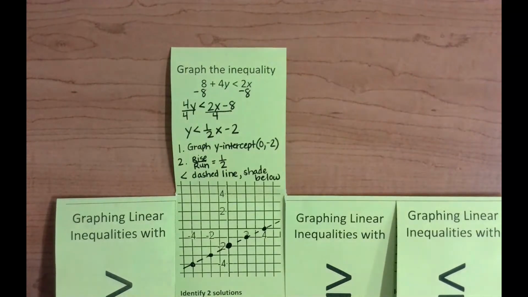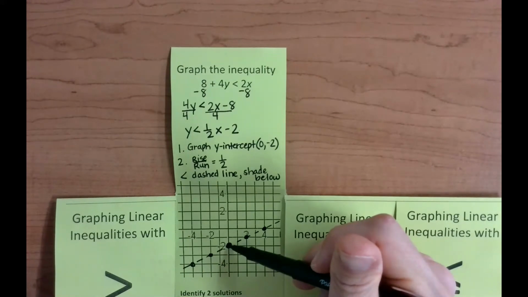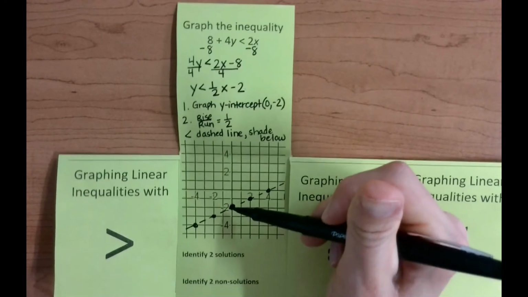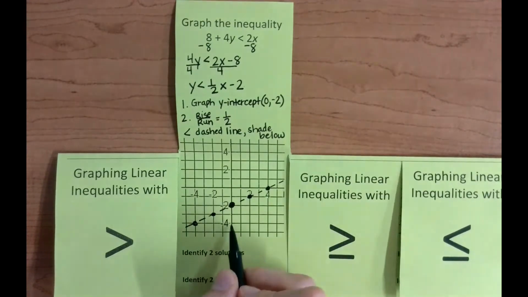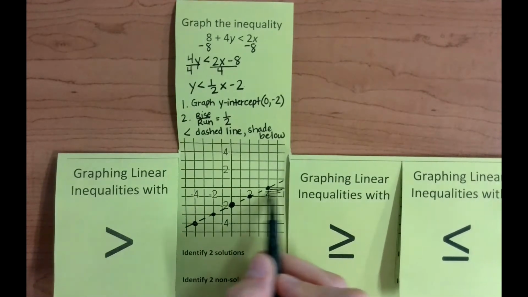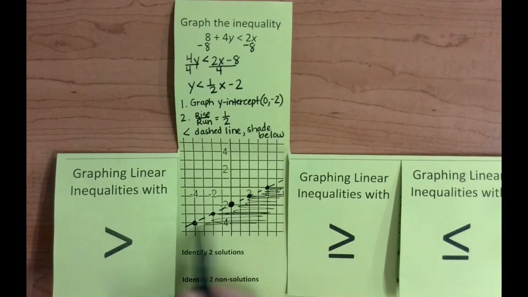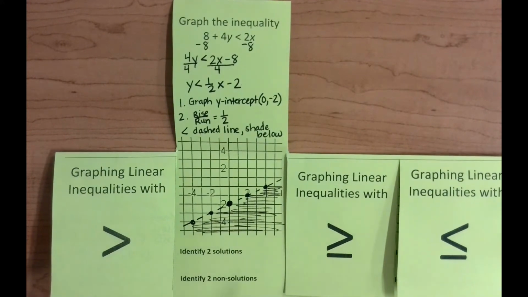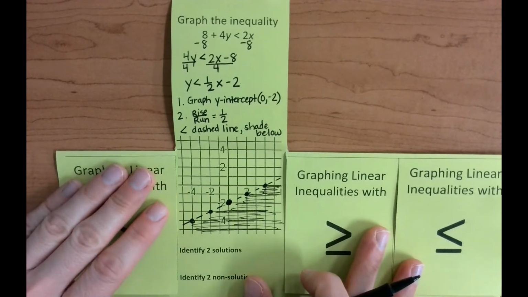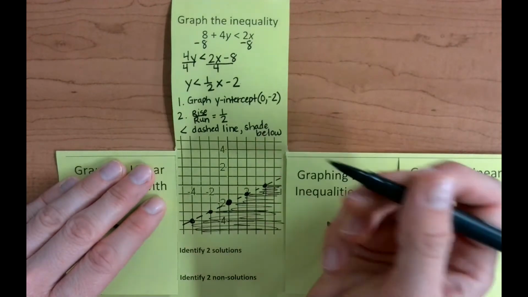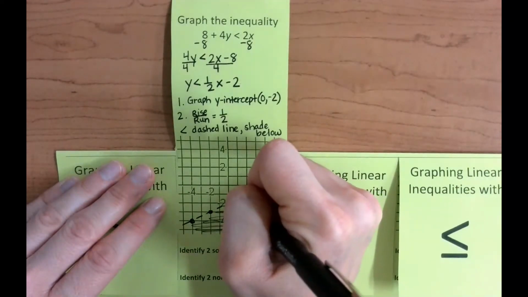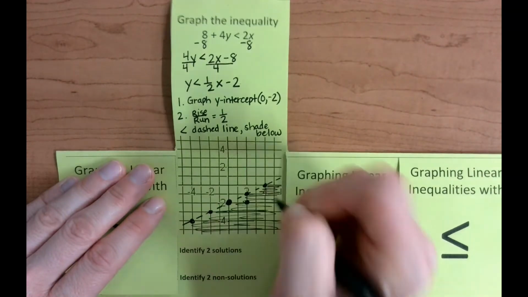If you get confused again, look at your y-axis. If it's on -2, we need to shade the numbers included below y equals -2. So like -4 is down here, so I know I'm going to shade below it. Again, test a point to see if it works. So let's test (2, -2).